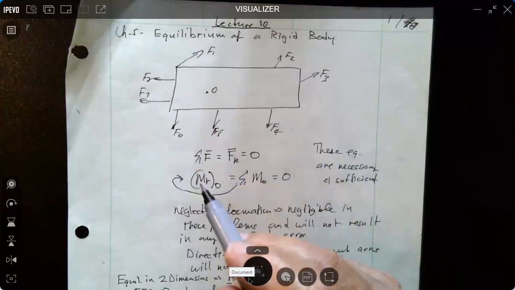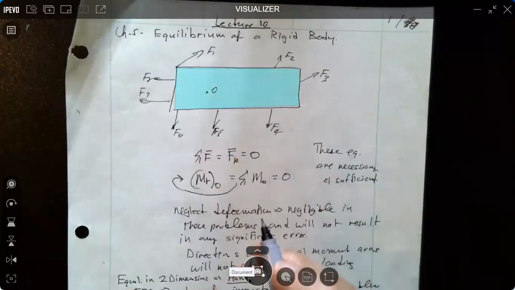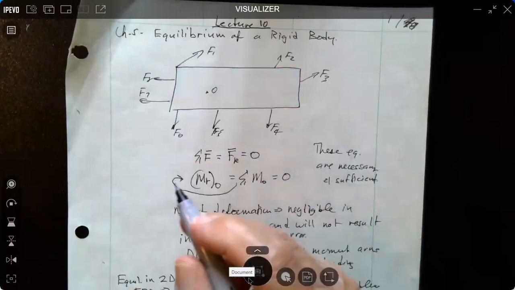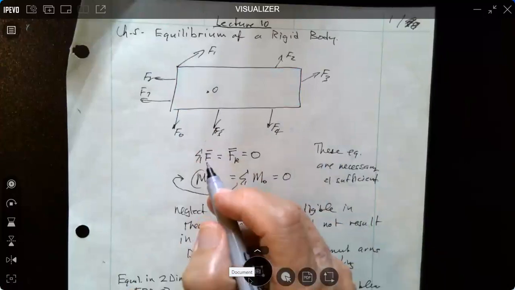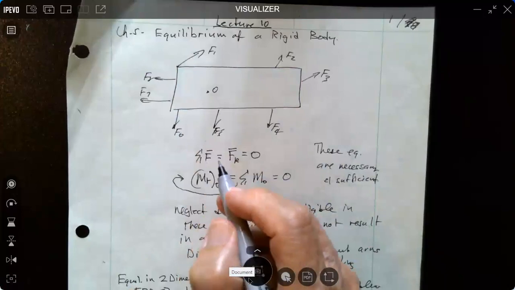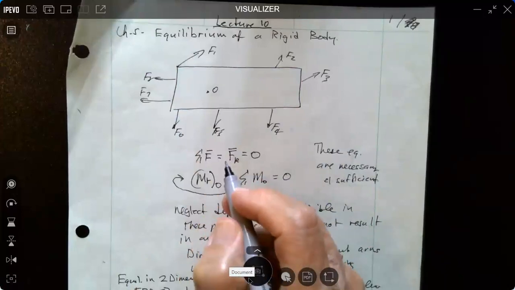So what equilibrium means is the following. If we sum forces, we get a force resultant, and that force resultant must be equal to 0.